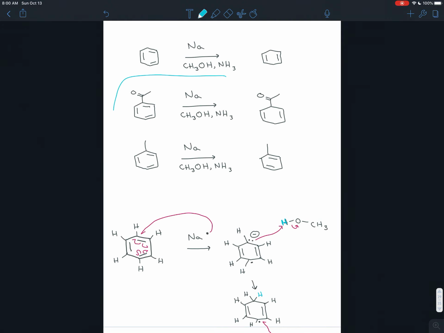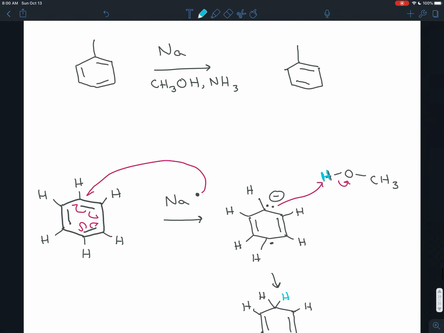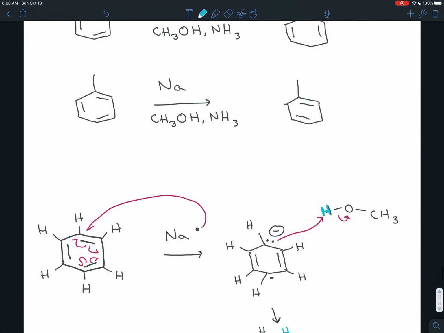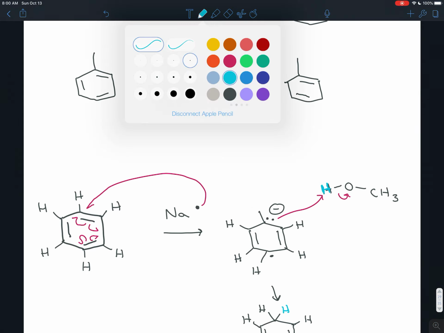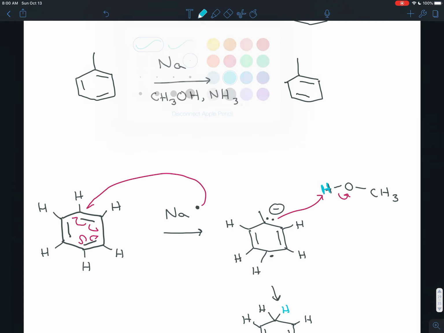But what we want to explain is why you would get this weird pattern with these branches. And for that, let me just zoom in on this first intermediate. Imagine if at this top carbon you didn't have a hydrogen, instead you had an electron withdrawing group.